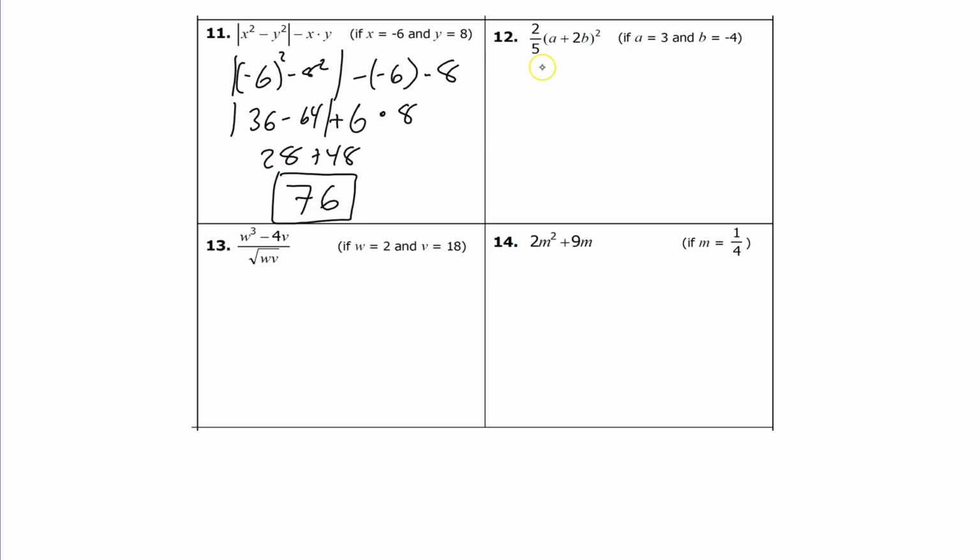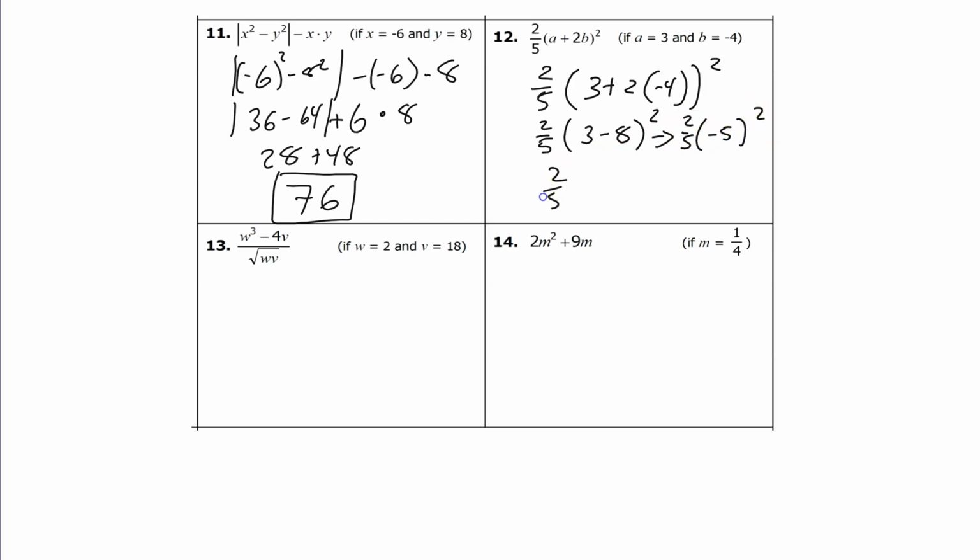Right, on to number 12, 2/5 times a, which is 3, plus 2 times b, which is negative 4. And that is all squared. When we go ahead and start dealing with parentheses first, you get 2/5 times 3 minus 8. 2 times negative 4 is 8, all squared. 3 minus 8, right? 2/5 negative 5 squared is 25.